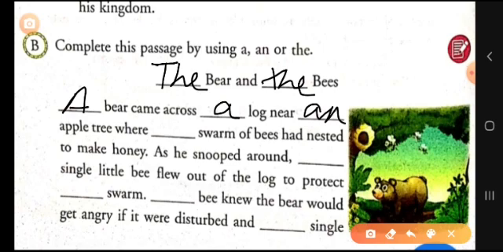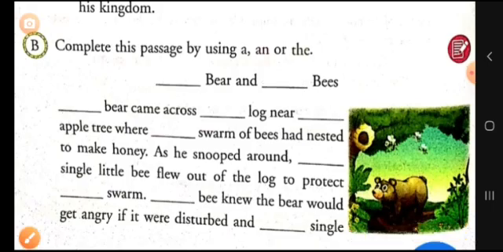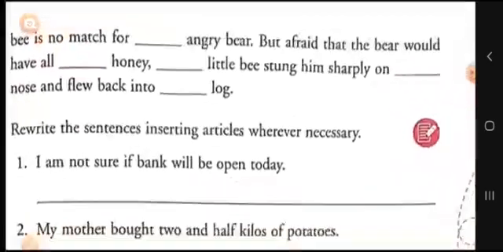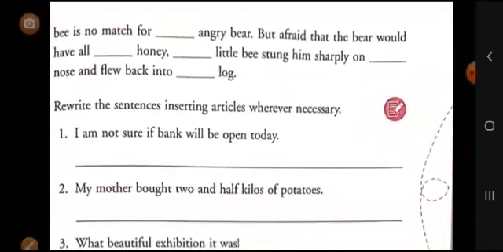Now the rest of the blanks will be filled by you. I hope you can do it. Yes, it is an interesting work to be done. So do it and we'll move on to the next page. So this is the whole story that ends over here.